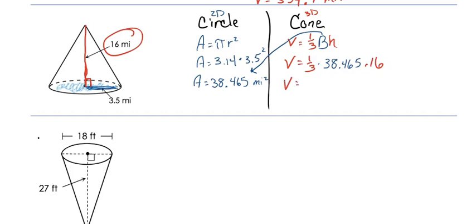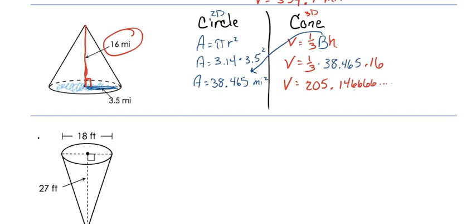Through the magic of calculation, I know that 1/3 of 38.465 times 16 is 205.1 and then I have these 6's repeating.